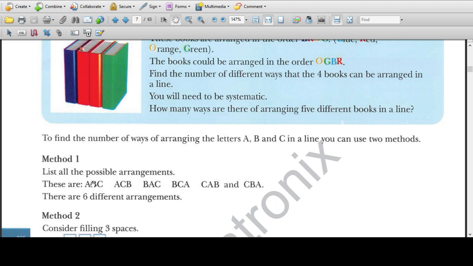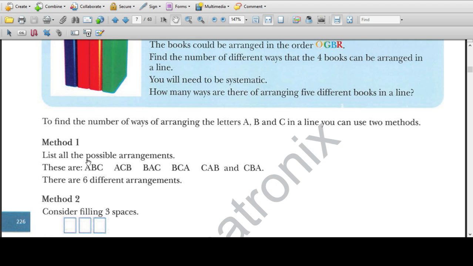So ABC can be written down, and there is no other possibility of arranging this. We can see that for 3 letters we have 6 arrangements. So there are 6 different arrangements available as shown above. This is method number 1. For a small number of letters or items, this is easy.